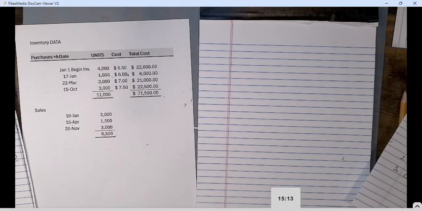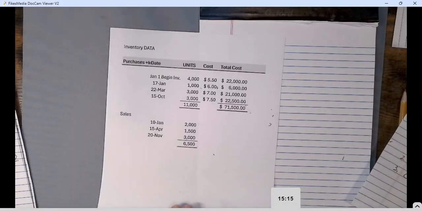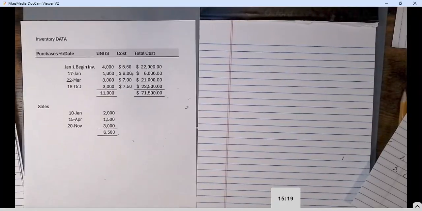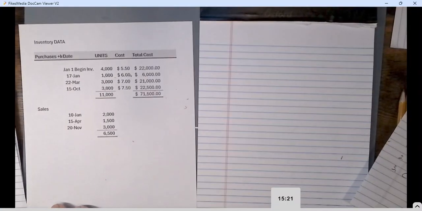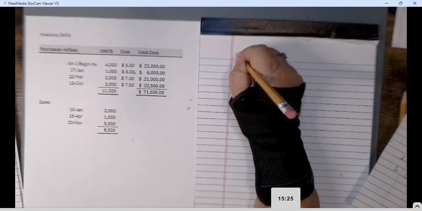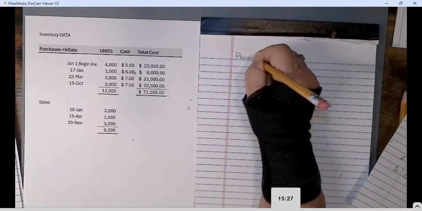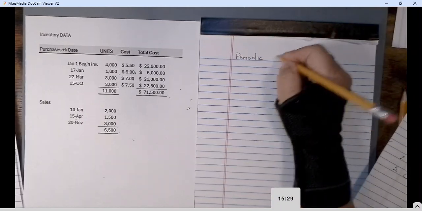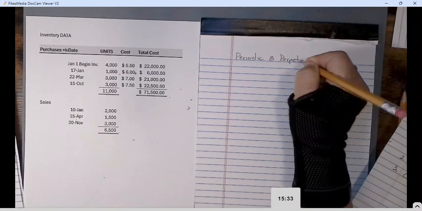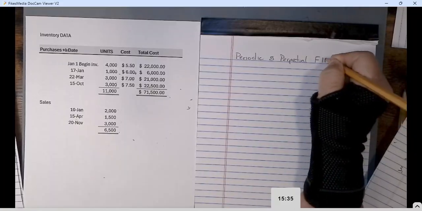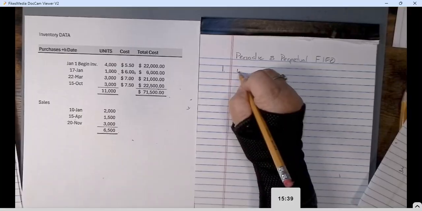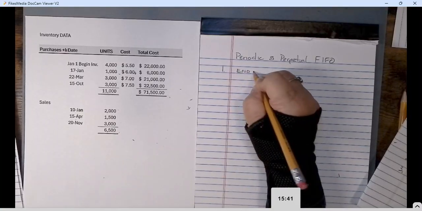Okay. Using these numbers here. Okay, FIFO. They're both the same. So the first question is, what is ending inventory quant?